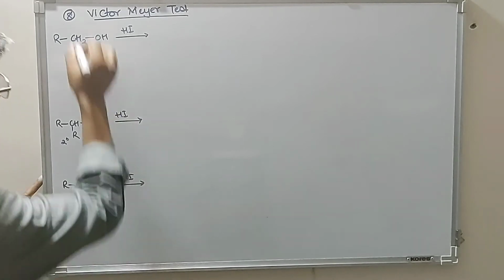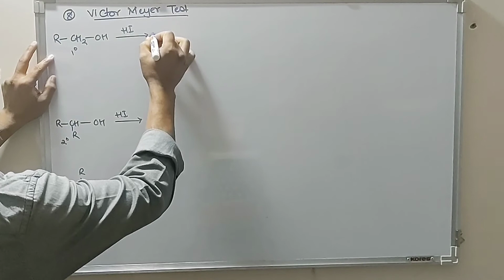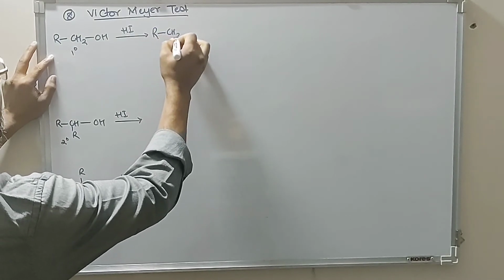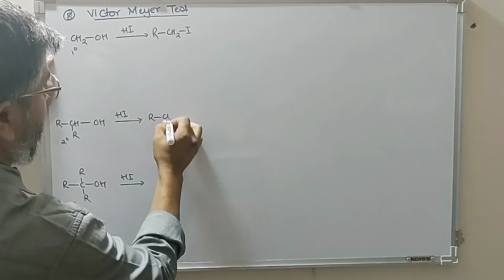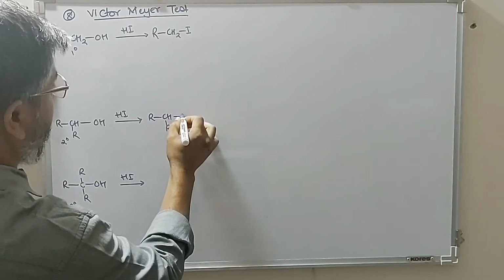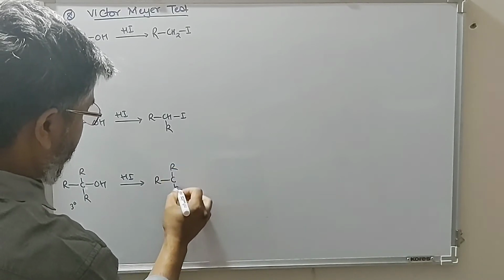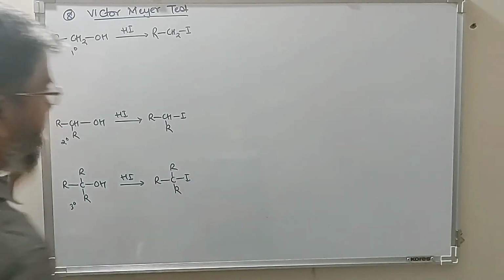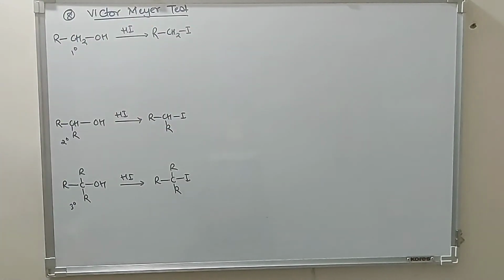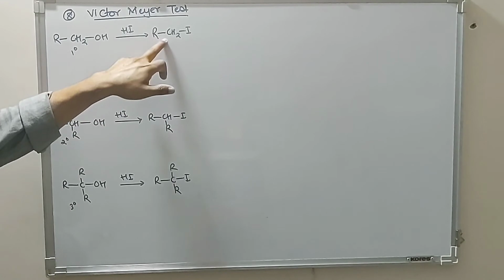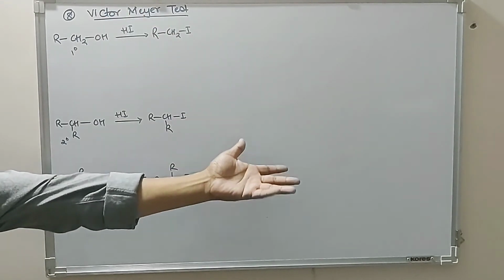So the reaction of alcohol with HI will give you alkyl iodide. So if we start from alcohol, then this is a test for alcohol. But if we start from the second step, that is alkyl halide, then this is the test for alkyl iodides.